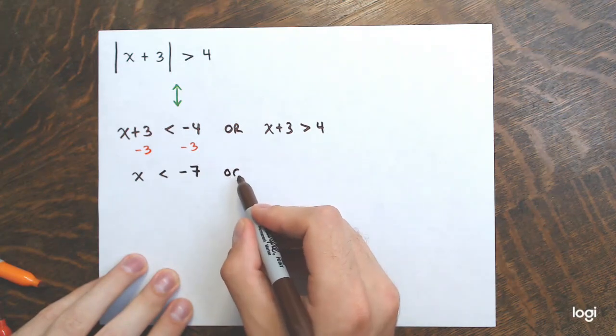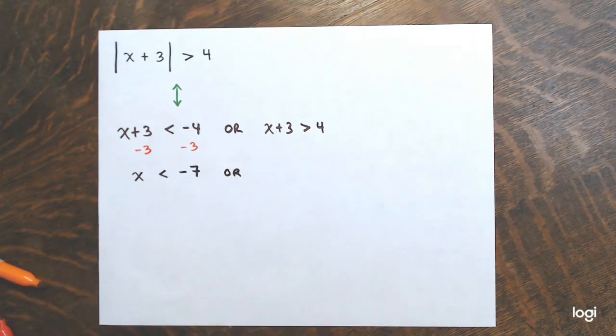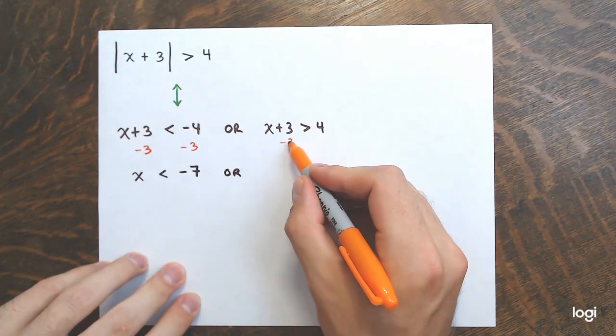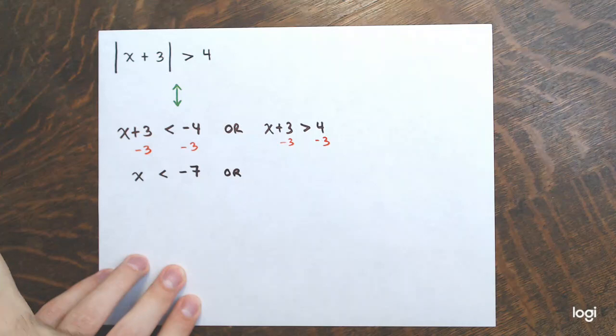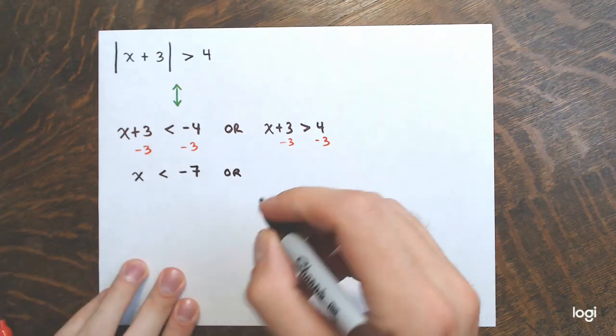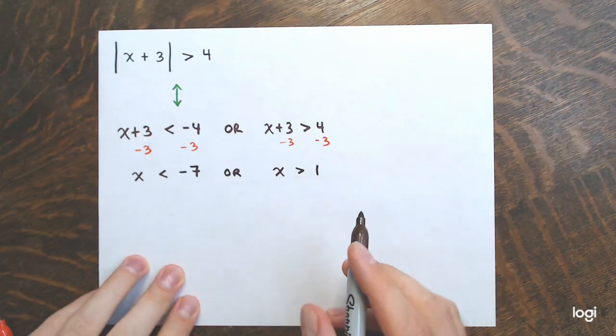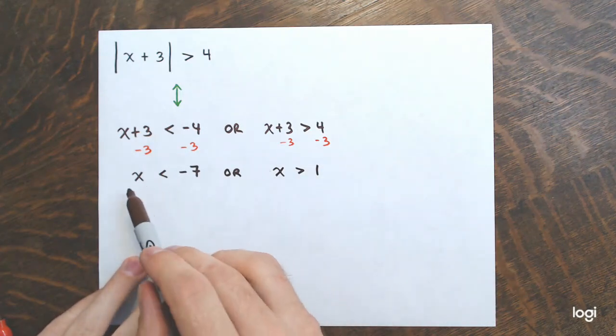Or, for the other inequality, same thing, I'd be subtracting 3 from both sides, and that leaves me with the inequality x is greater than positive 1.